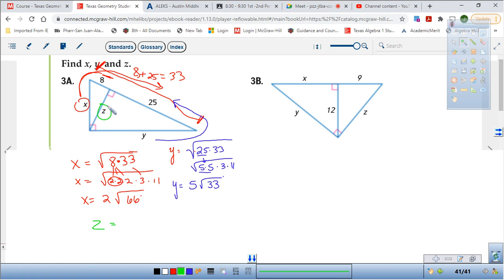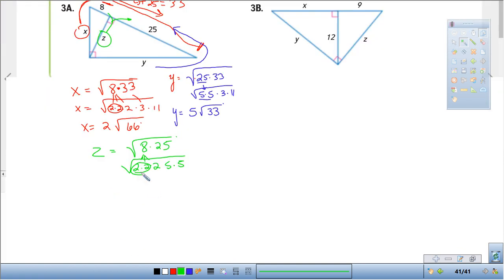Okay, when it comes to this one right here, guys, it's the geometric mean of both of these. So we're going to have the geometric mean of 8 and 25. This one breaks down into 2, 2, 2. This one breaks down to a 5 and a 5. So for these two, I'll move it up, guys. For these two, I'll put out a 2. For these two, I'll put out a 5. On the outside, I have 2 times 5.